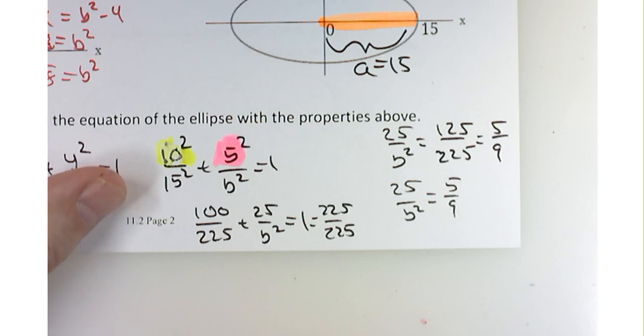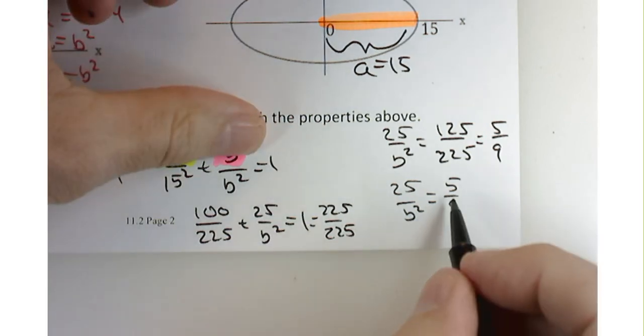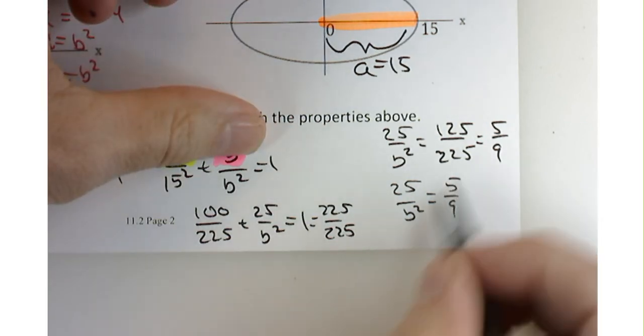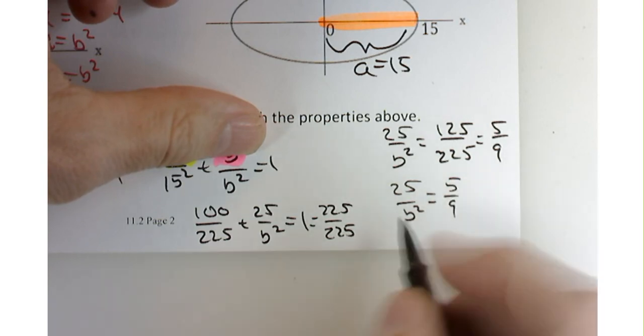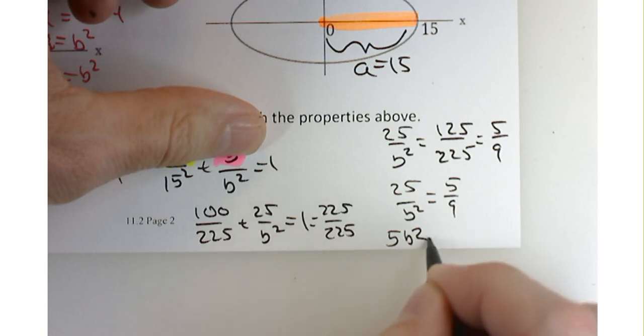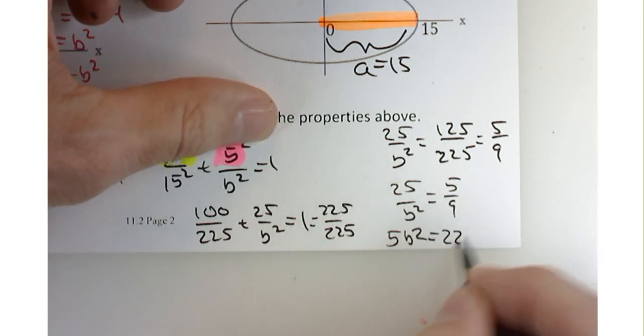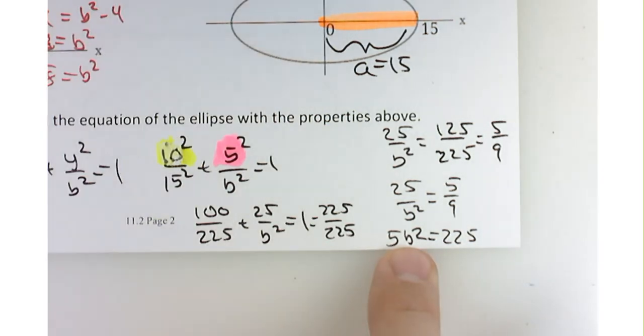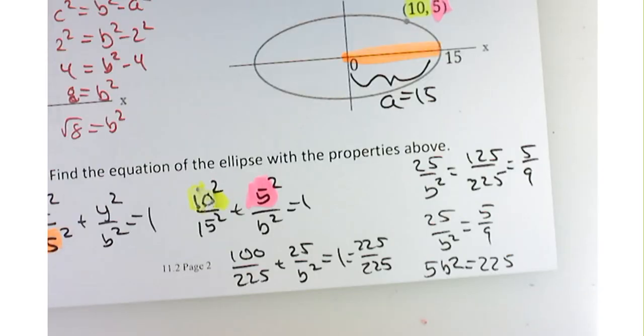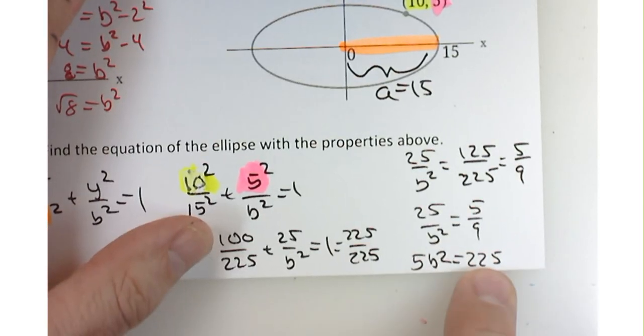Zach? Cross multiply, maybe? Yeah, cross multiply. So 5 times b squared equals 25 times 9, which is 225. Divide both sides by 5. b squared equals 45. So what would b equal?